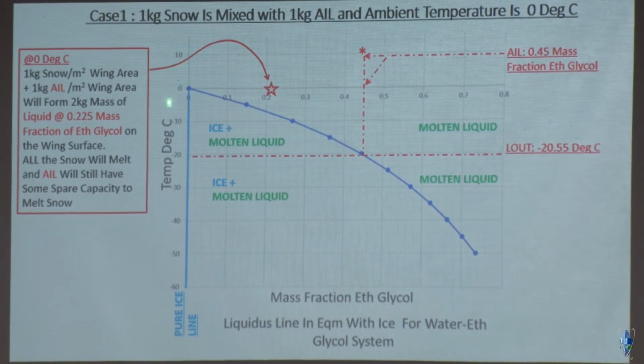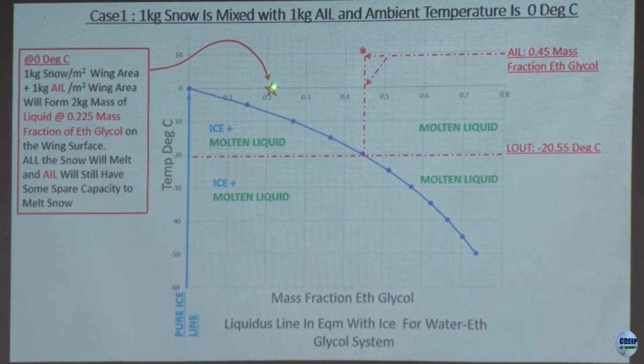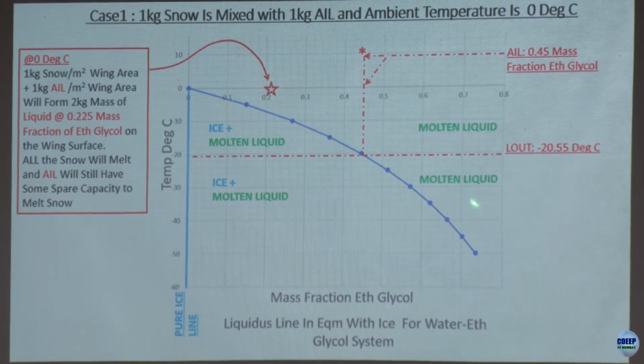Okay. So you have ice here at 0 degree centigrade, you have anti-icing liquid here at the same temperature, at the ambient temperature, and when you mix the two together, you will come to this particular point. Now this point you realize is in the molten liquid region.